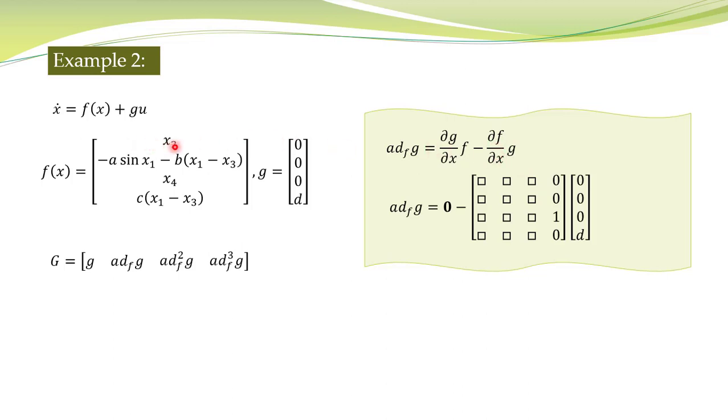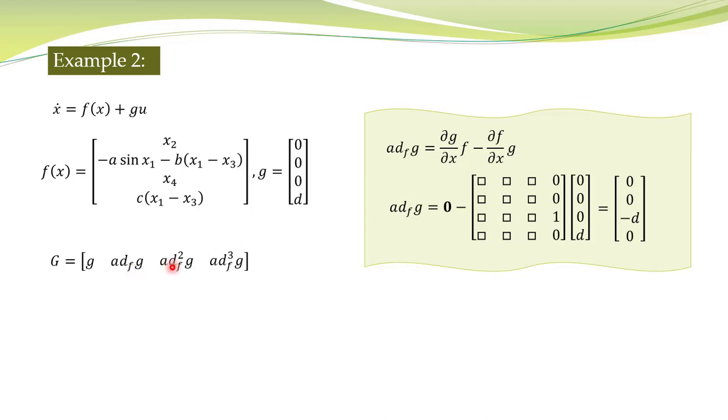The partial derivative of this thing with respect to x4 is 0, of this with respect to x4 is 0, of this with respect to x4 is 1, and here again you do not have any x4, so this is 0. So this comes out to be equal to 0, 0, minus d, 0. We have computed this thing.